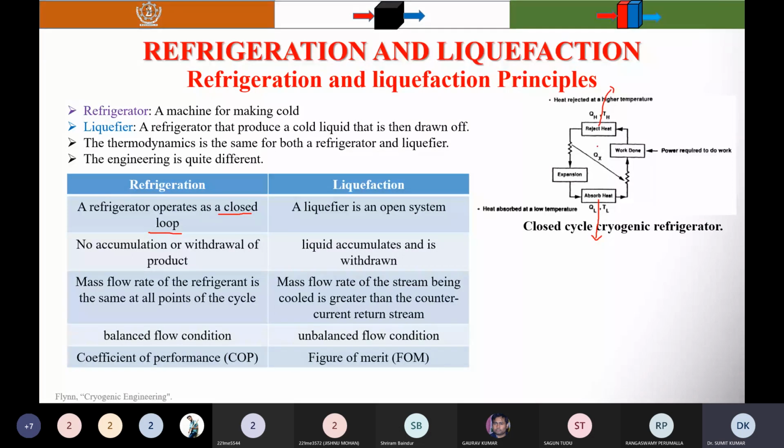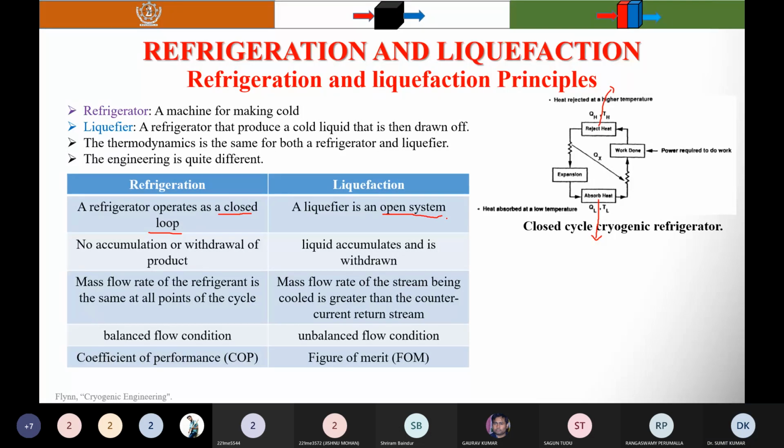But a liquefier is an open system. Open system means here suppose a gas has been liquefied, and that liquid has been withdrawn from the system. So it is an open system. Here the working fluid is not the same throughout the cycle.